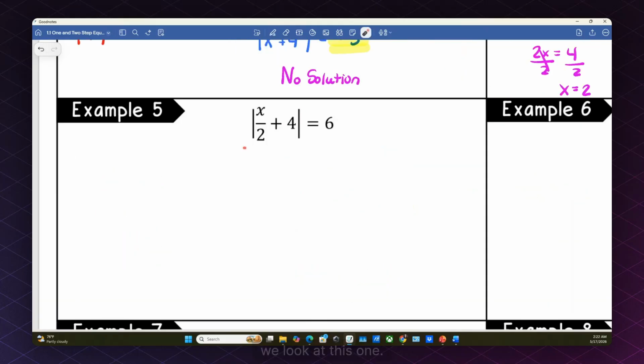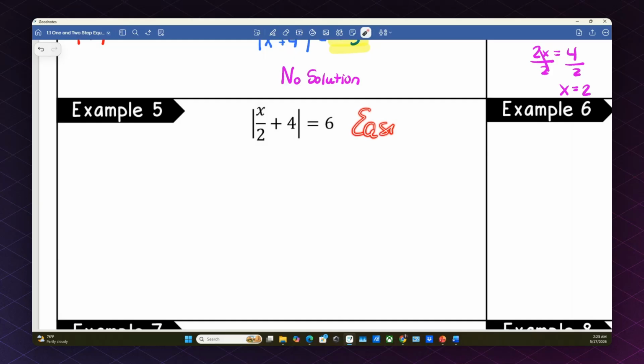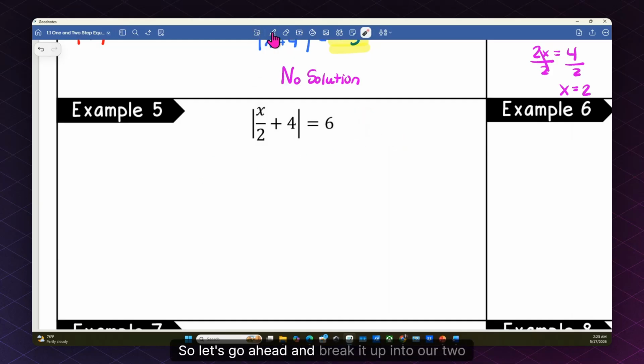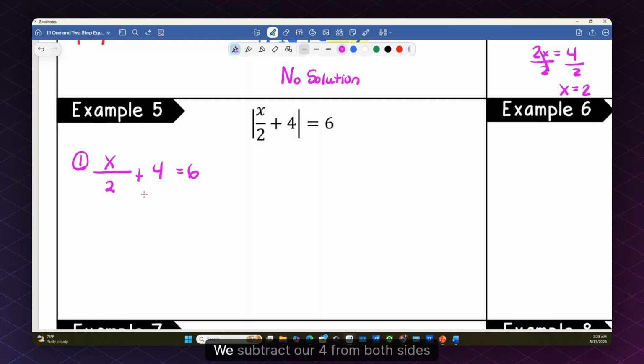Okay, we look at this one. The absolute value is already isolated, so that one makes this one nice and easy. So let's go ahead and break it up into our two components. So our first one is going to be the positive version. So we got x over 2 plus 4 equals 6. We subtract our 4 from both sides.